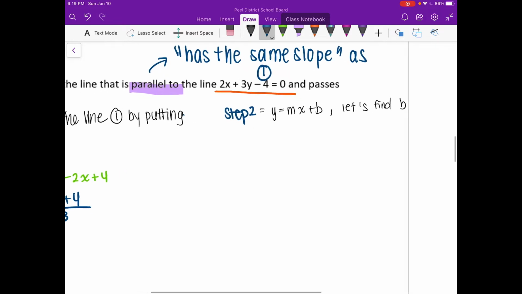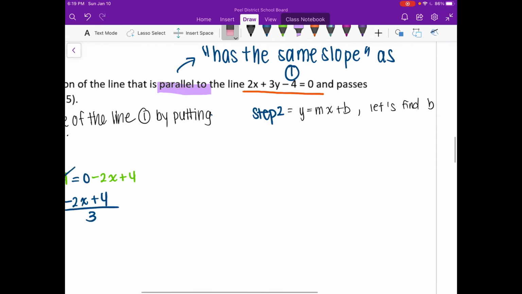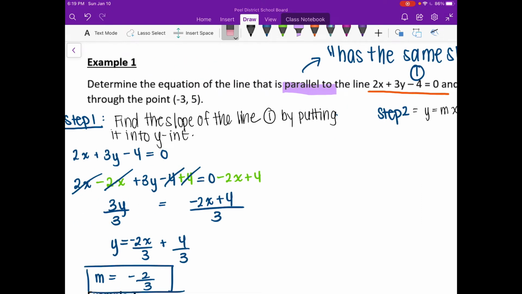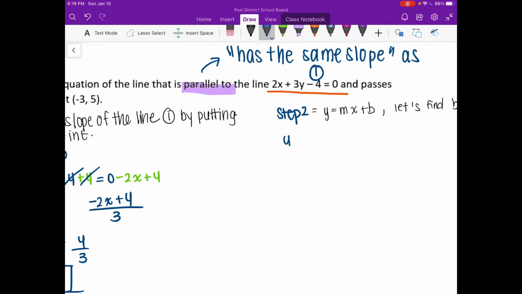So my x and y are going to be negative 3 and 5. I'm just going to write out the equation and then tell you where we're going to plug stuff in. So I have y equals mx plus b. My y is 5. My m is negative 2 over 3, which I just found. My x is negative 3, plus b. That negative 3 and 3 can cancel out to give us negative 1.